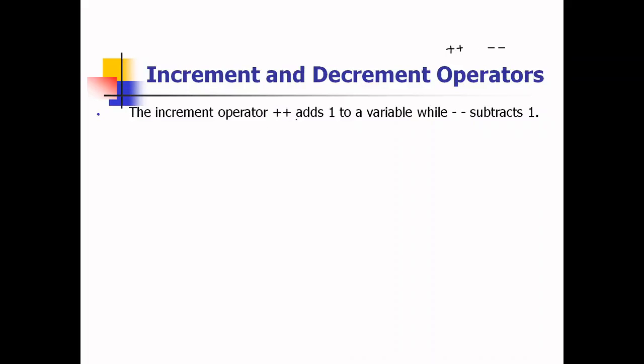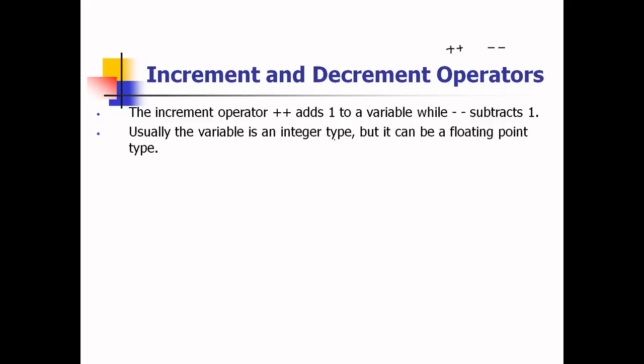The increment operator ++ adds 1 to a variable or operand, while -- simply subtracts 1 from the variable. These operators usually are used on integer types, but can be applied on floating point variables as well.